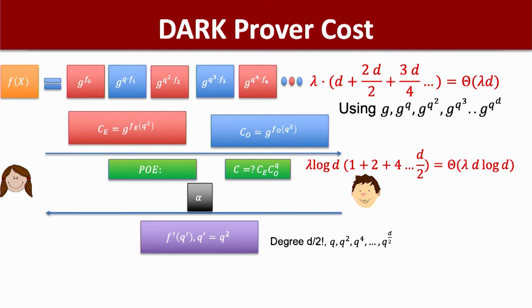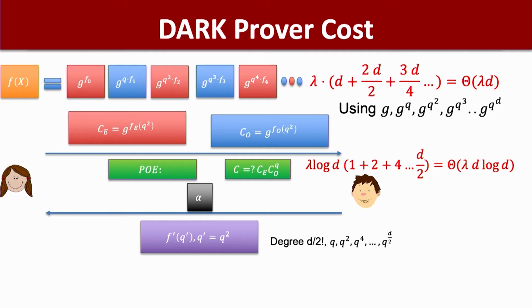I get something where the prover work is actually d times log d group exponentiations, which is significantly worse even than other SNARK proof systems. And this factor of log d, there's a factor of 20. These things actually matter. And then there's a constant of 2 or so, and then 40 or 60 or something. So these things tend to matter.